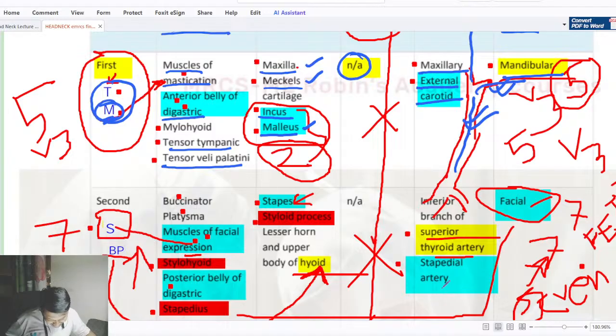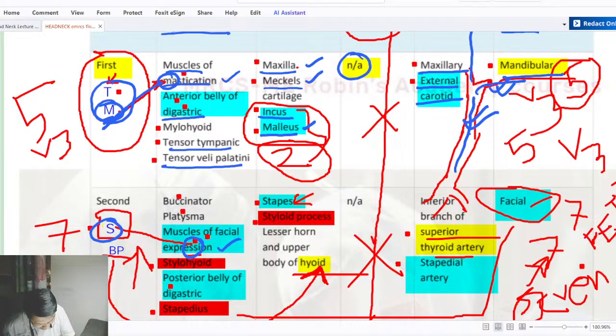Now for the second arch, we remember S. Second is S, for facial expression. Mastication is M, the muscle of mastication, for the first arch. There are two types of muscle: muscle of mastication and muscle of facial expression.